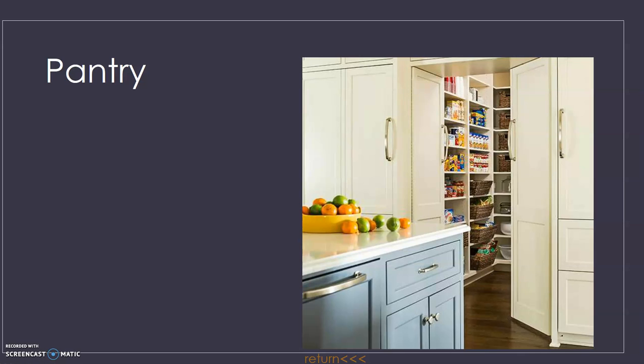So here you see a little room that will be a place for our dried food, the nonperishable food items. If you have the room or space, it can be. But I've seen in small apartments they use a cabinet as a pantry. So it can be a large cabinet as well, but it's nice to have it.